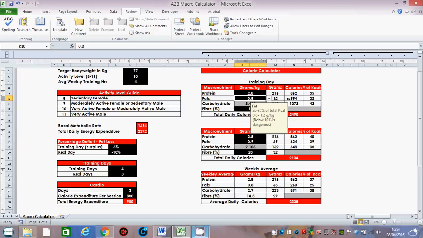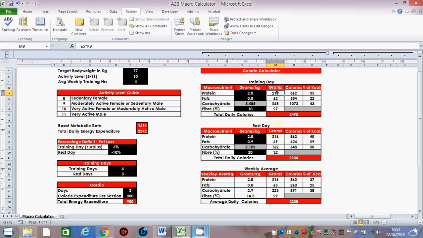Now the next thing you do is set your fats. So I've set my fats at about 0.8 grams per kilo, and that gives me 62 grams of fat as a target per day. And then the carbohydrate automatically updates with the remaining calories. So I'm looking at 268 grams of carbohydrate, and of that 268 grams, I'm going to go for about 27 grams of fibre, which is about 10% of my total carbohydrate intake.